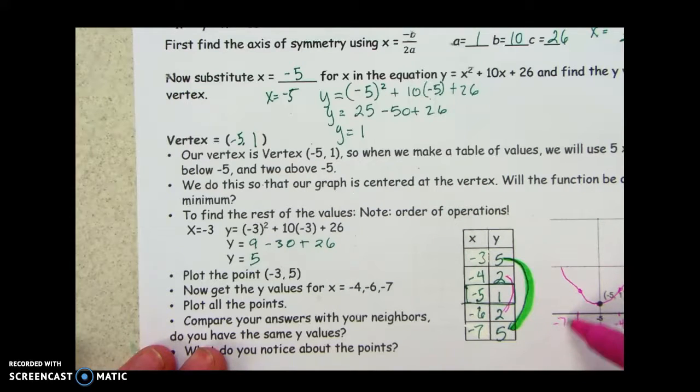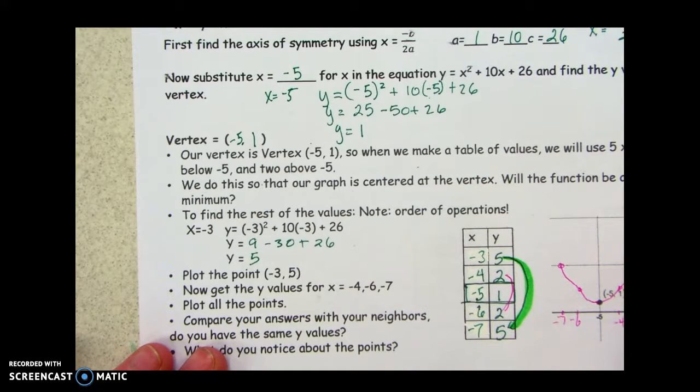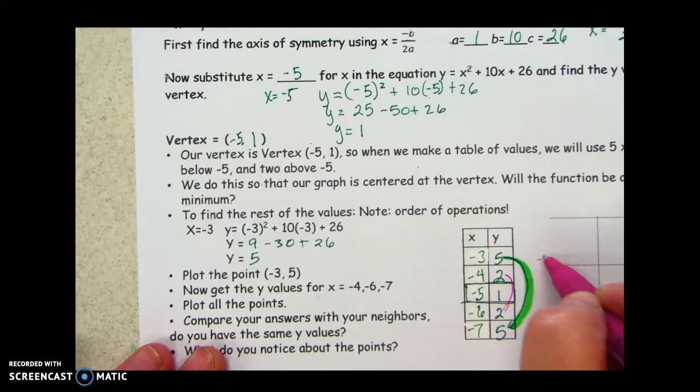And negative 7 here. And it's also at 5. So here's our symmetry. That's the way that symmetry works. So this point, negative 3, 5. And this one is negative 4, 2. And then it matches over here.